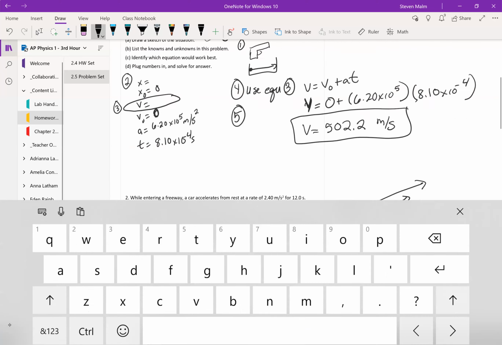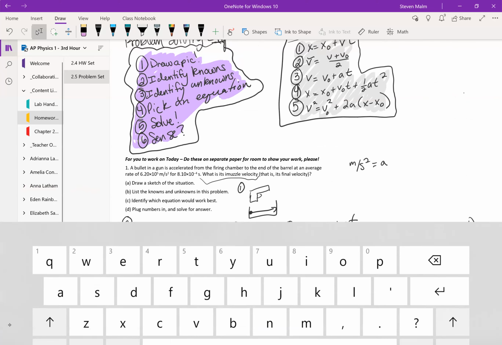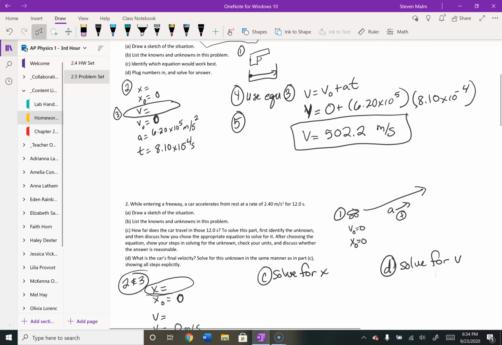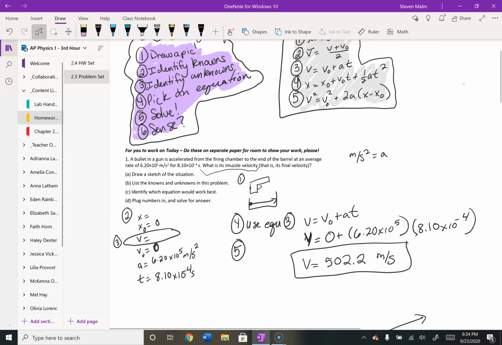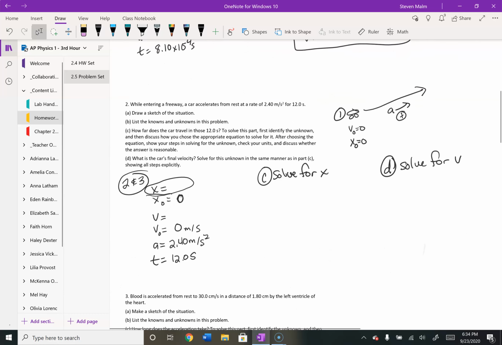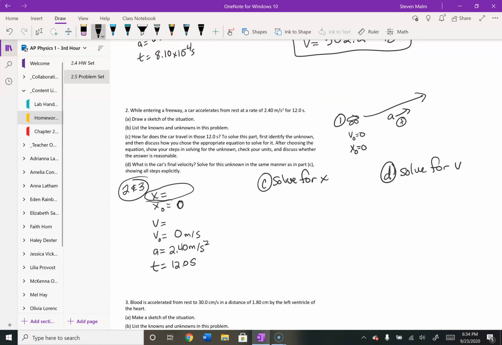All right, so I'm going to use equation 4 first, and then I'm probably going to use equation 3 once I'm done with equation 4. Want to make sure that we understand that this is step 4, using equation 4.